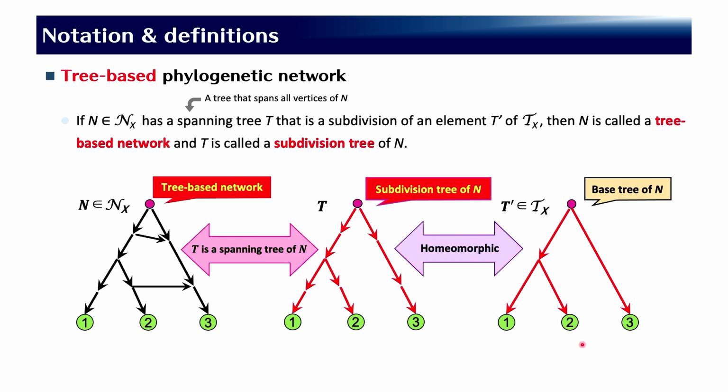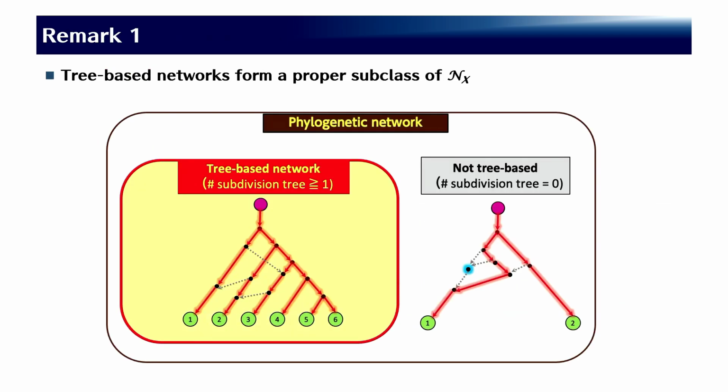Here are some important remarks on tree-based networks and subdivision trees. First, tree-based networks form a proper subclass of phylogenetic networks. In other words, there exists a phylogenetic network that has no subdivision tree.